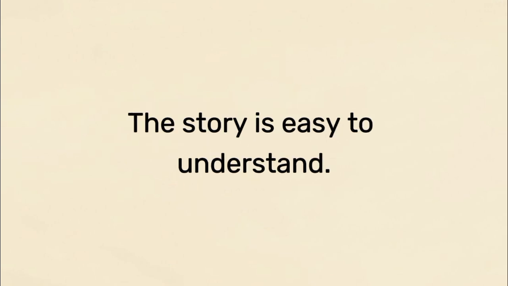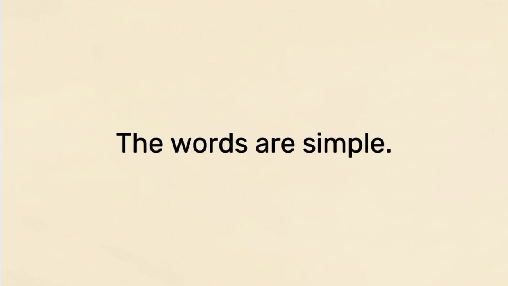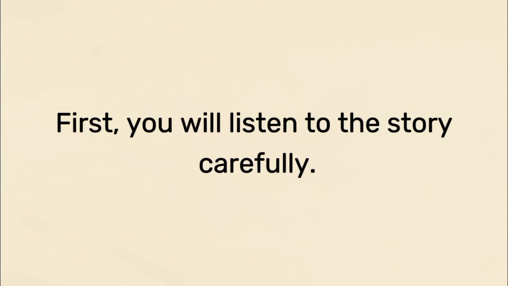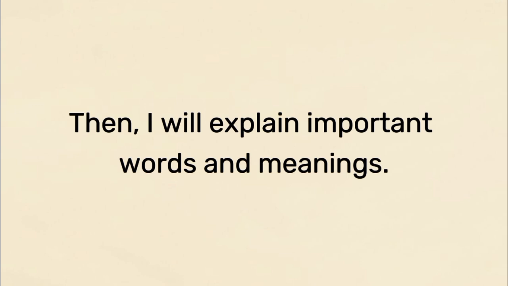The story is easy to understand. The words are simple. The sentences are natural. First, you will listen to the story carefully. Then I will explain important words and meanings.